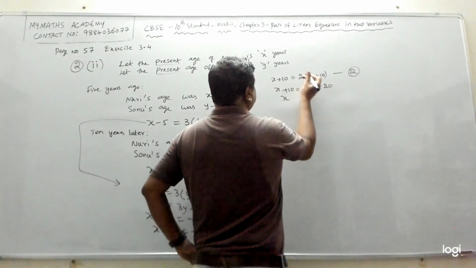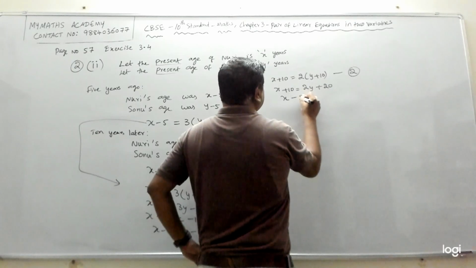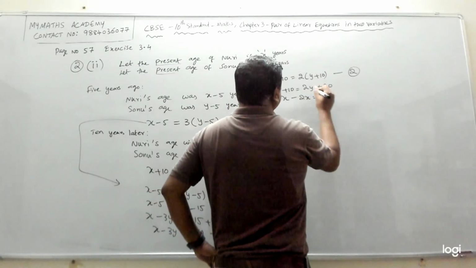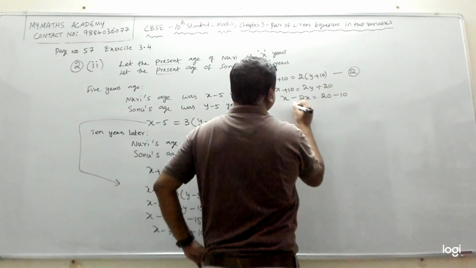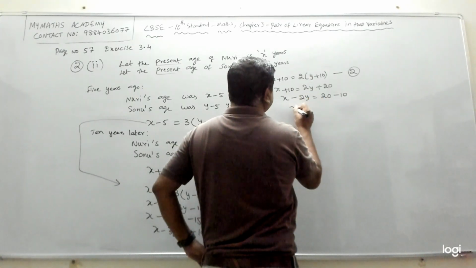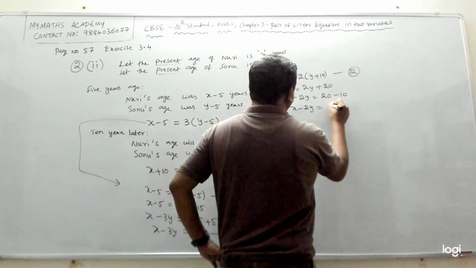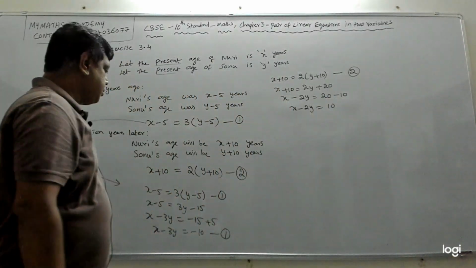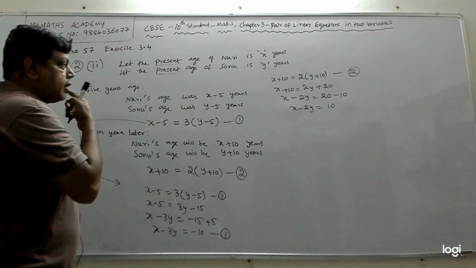Then this 2y comes here, x minus 2y equal to 20. This plus 10 goes there and becomes minus 10. So x minus 2y becomes 10. This is your second equation.